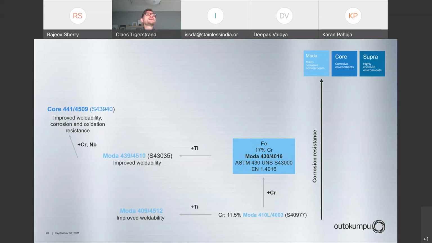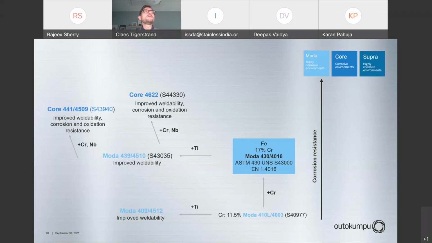And then you can continue with the grade that we have developed. We call it core 4622, but it also fits to the UNS number S44330. In this grade, you increase chromium further to improve corrosion resistance, and the weldability comes from the stabilization of niobium and titanium.